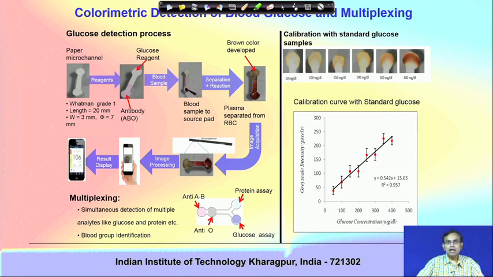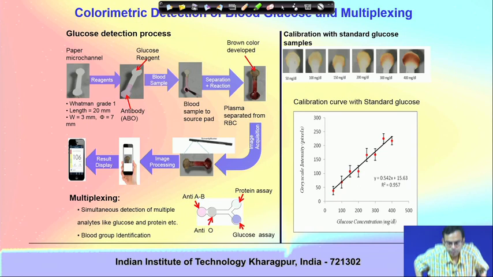For example, this is a demonstrative device where in the slide you see colorimetric detection of blood glucose and also multiplexing, that is, a glucose assay as well as a protein assay in the same microfluidic device.